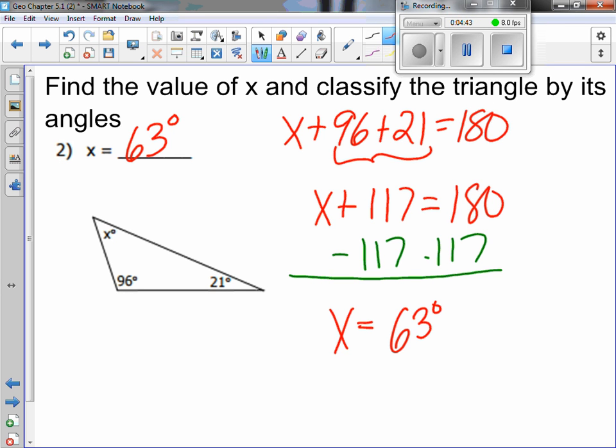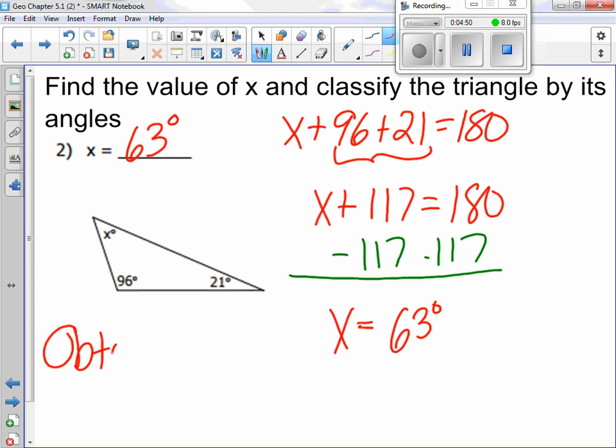Now, how can I classify this triangle by its angles? How many angles does it need to have to be an obtuse triangle? How many obtuse angles? One. Because if we have one angle greater than 90 degrees, it will be obtuse.